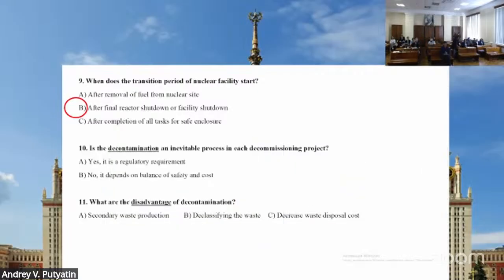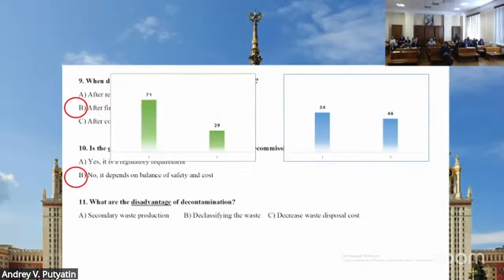And the question number 10 is not so obvious, because many of you answered that the decontamination is an inevitable part of the decommissioning, but actually it depends on the balance of safety and cost. Yeah, I showed you these examples as well. But again, there is progress in the correct answers, so it's good.